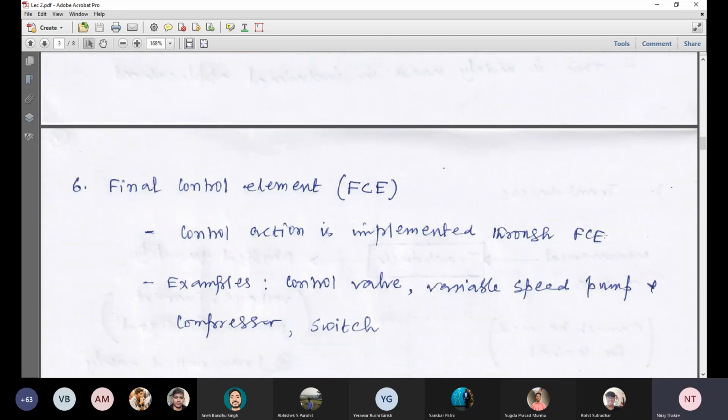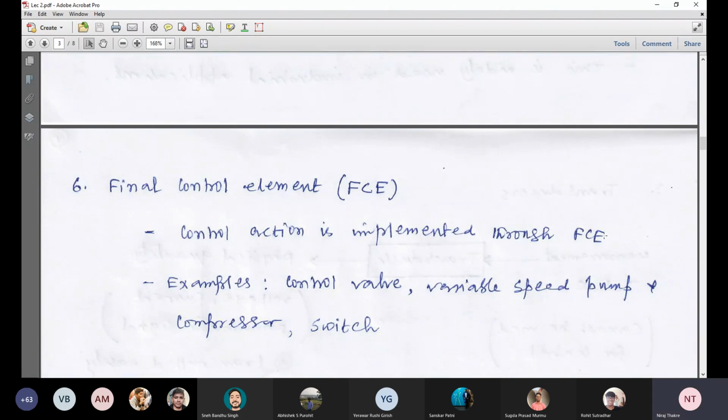Next one is the final control element. So the control action is basically implemented through this final control element. The estimated or computed control action is physically implemented through the final control element. Like we have used so far, I think, control valve.